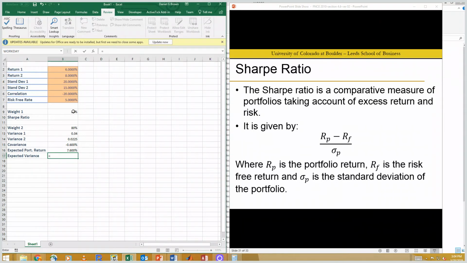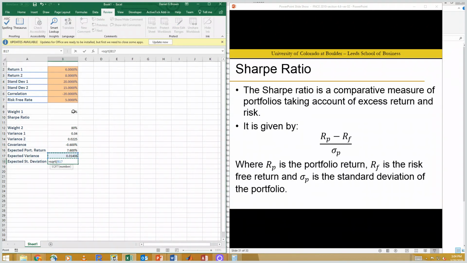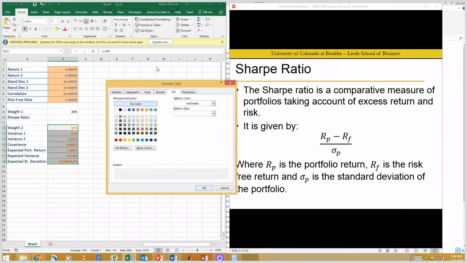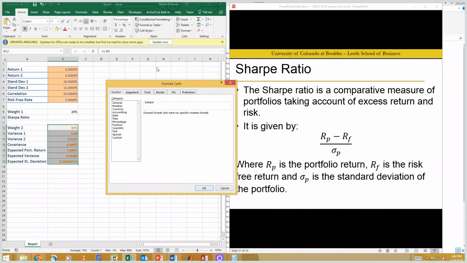That's weight 1 squared times variance 1 plus weight 2 squared times variance 2 plus 2 times weight 1 times weight 2 times covariance. And then, of course, expected standard deviation is the square root of the variance. All of these are calculations. All of these should be formatted as percentages.